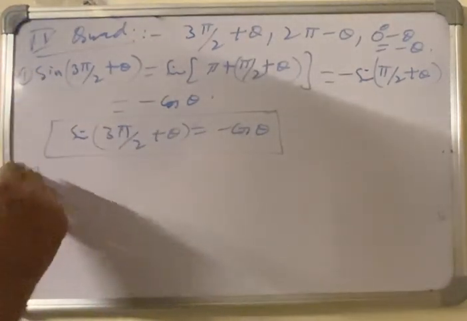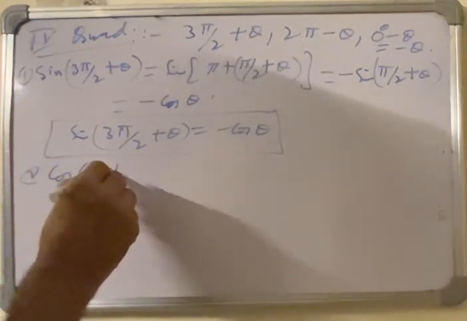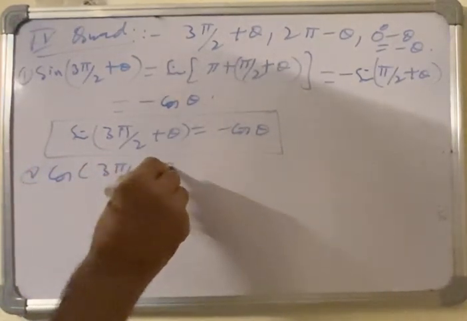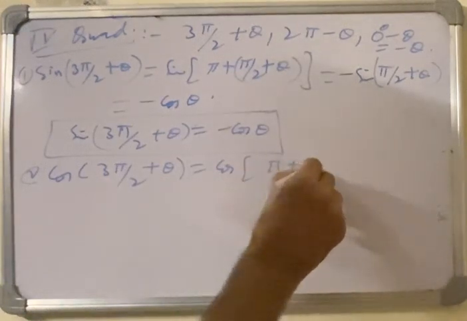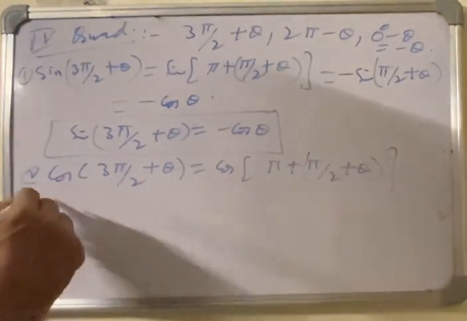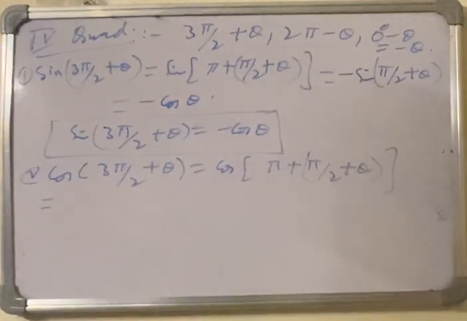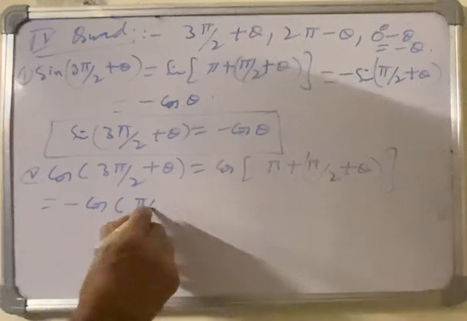Second, we take cos 3 pi by 2 plus theta. In the same way, we can write it as cos pi plus pi by 2 plus theta, which is in the third quadrant, cos is negative, minus cos pi by 2 plus theta.